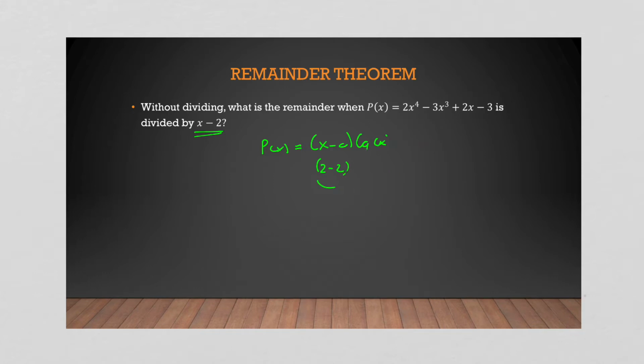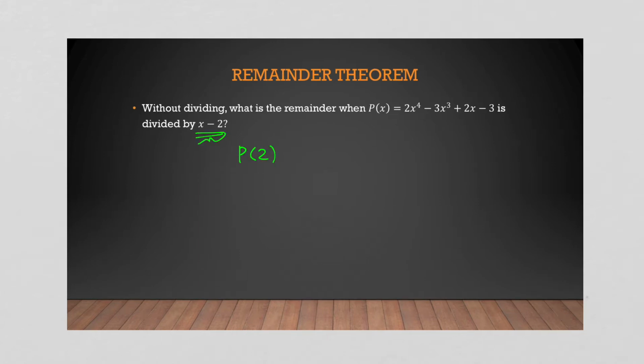We just have to solve for p of 2, because that would make that 0, right? That's my root. So p of 2 is equal to 2, and then watch your brackets here, because if we get negative values, they're going to be really important. Minus 3 times 2 cubed plus 2 times 2 minus 3. So what do we get here?